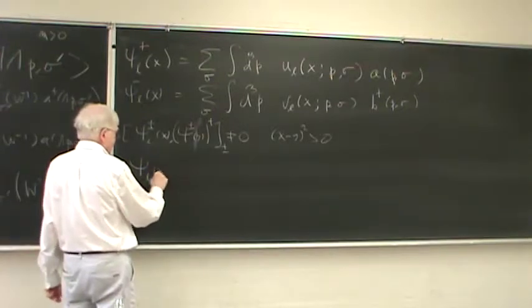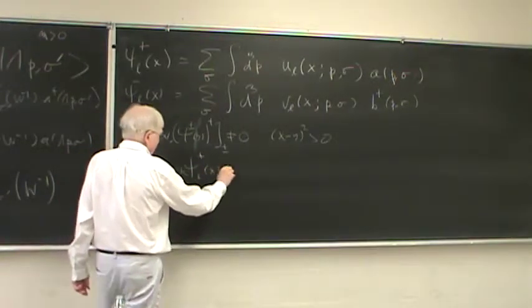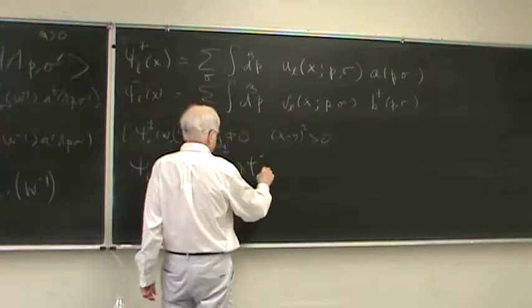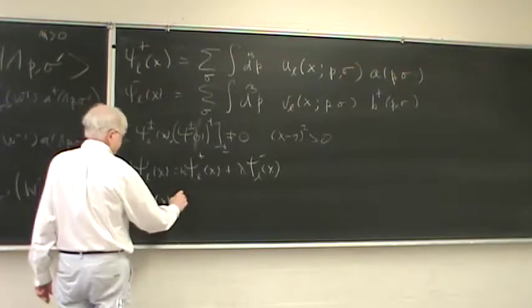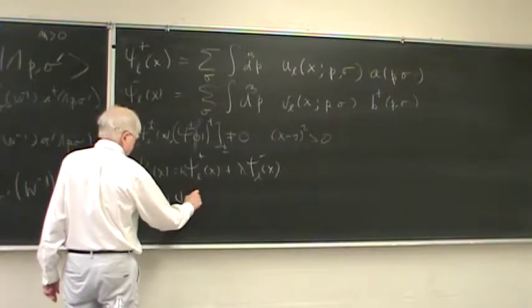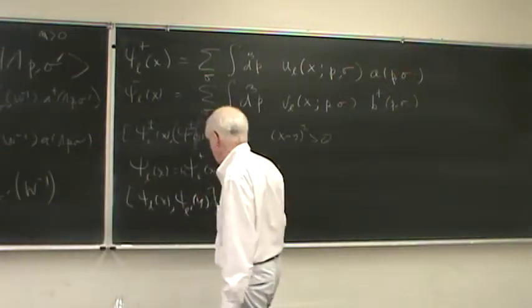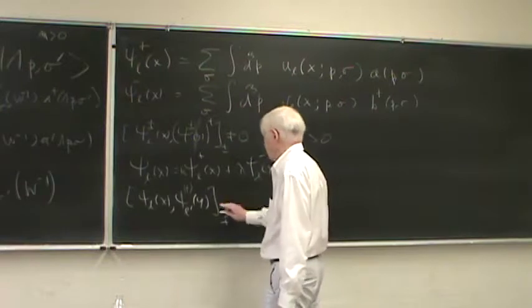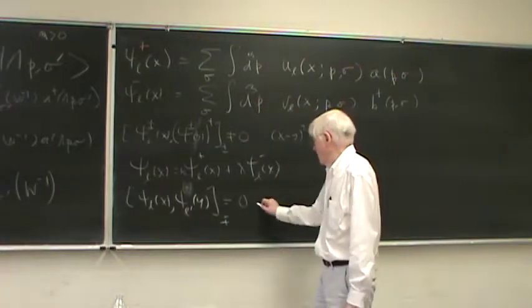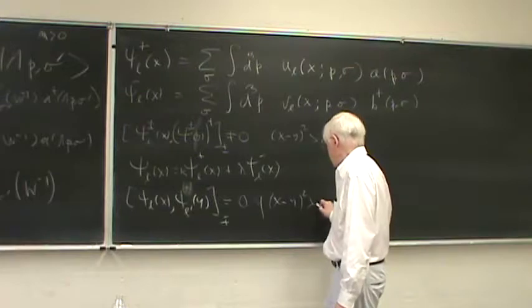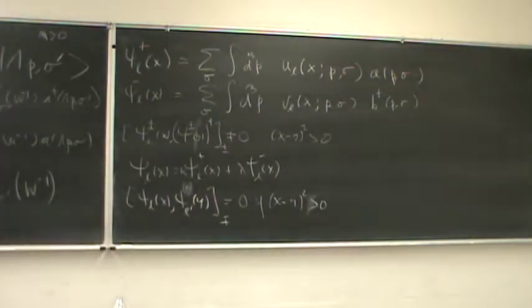We're going to have to define the field as some kappa psi l plus of x plus lambda psi l minus of x, and choose kappa and lambda so that we have psi l of x, psi l' of y, commutator or anti-commutator, whether or not we have a dagger there, we want this to be 0 if (x minus y) squared is greater than 0, that is space-like. So we want the fields to commute or anti-commute at space-like separation.